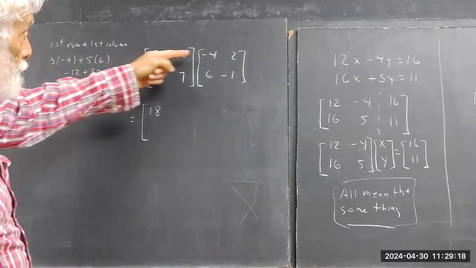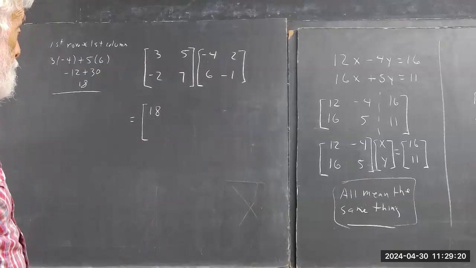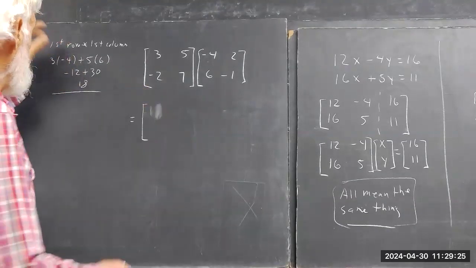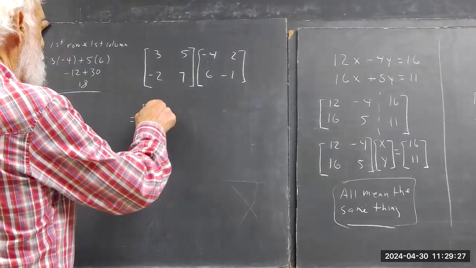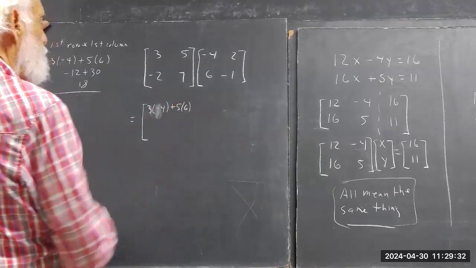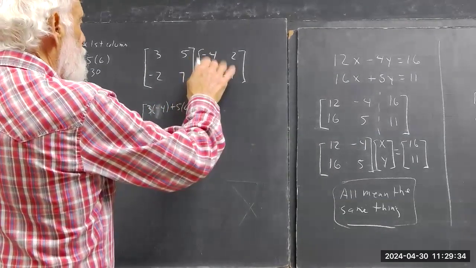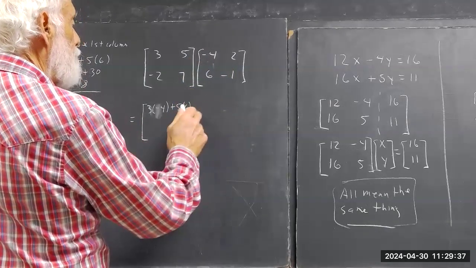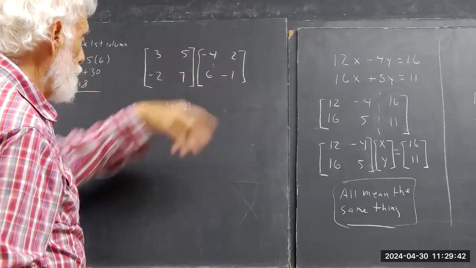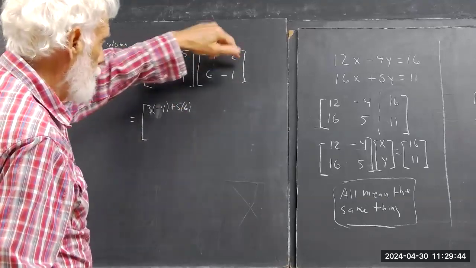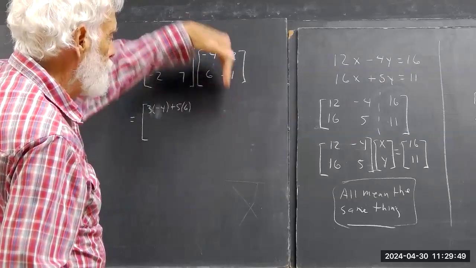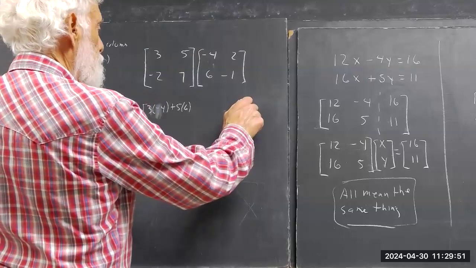Then we multiply the first row by the second column. And I'm not going to put the 18 there. I'm going to put the calculation. I leave a little space between here and here. We're just going to do the first row times the second column, and we're going to put it in the first row, second column of this new matrix.